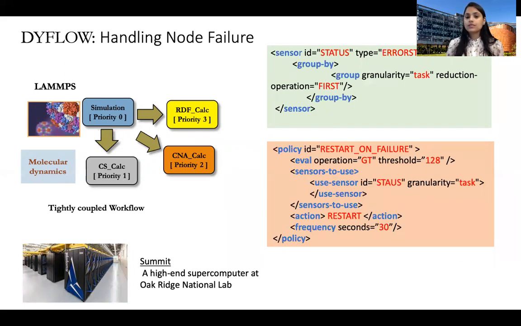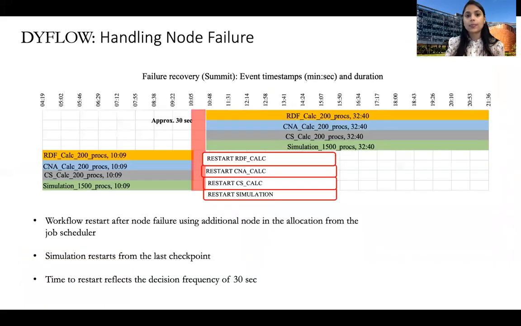On top of this, we set up a policy that compares this error status against 128. If the error status is greater than 128, then it signifies a system failure. And in response to this failure, we restart the task. And this evaluation happens every 30 seconds according to this policy.